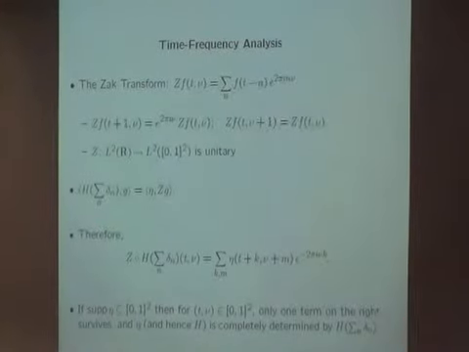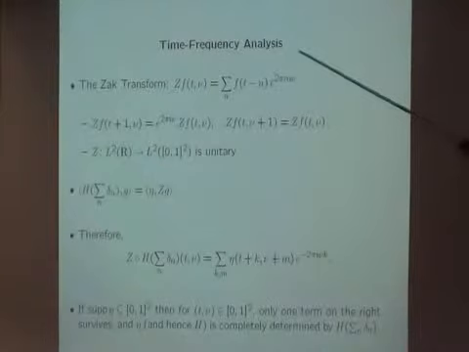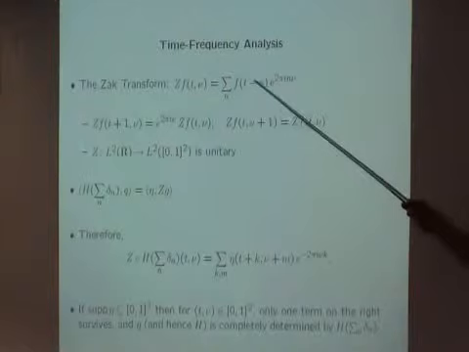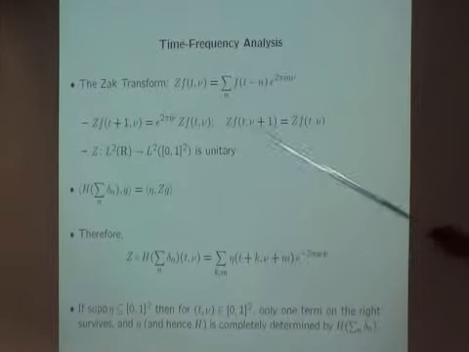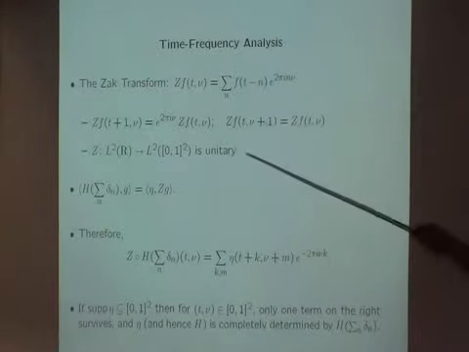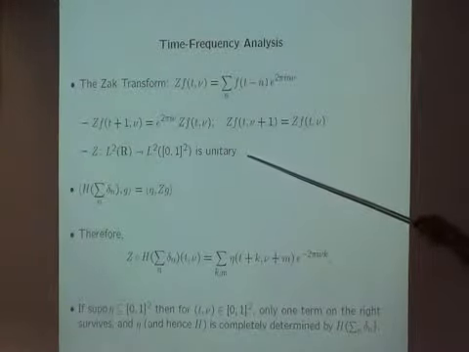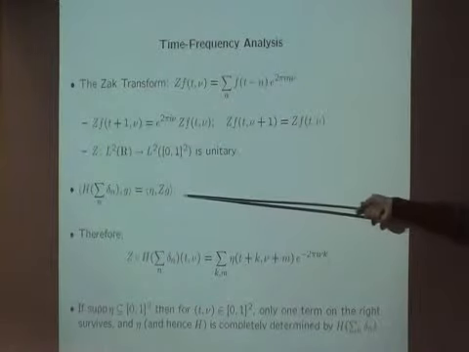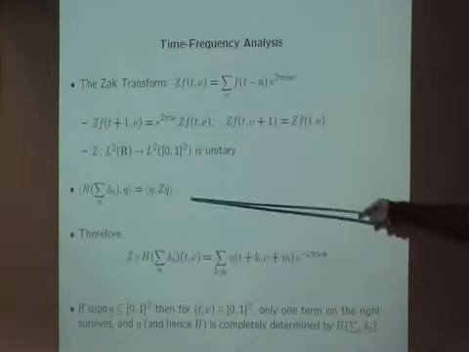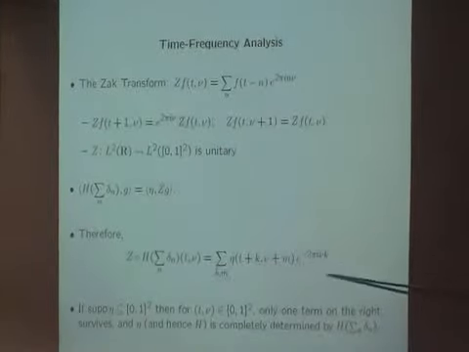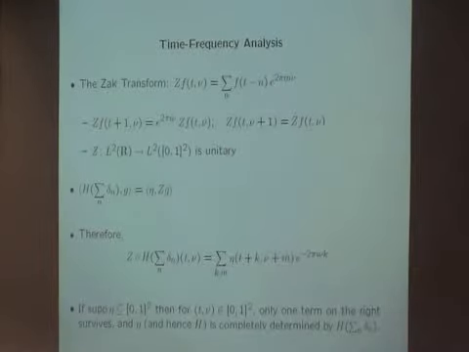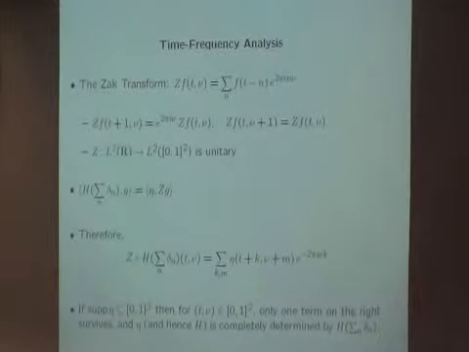Another way to look at this, I'll mention quickly, uses a tool from time-frequency analysis, the Zak transform, which takes a function on R and produces a function on the unit square. It's essentially periodic, and it's also unitary on L2. When we think about our operator sampling, this relationship is very easy to show, and using this, we can obtain an identity like this. The Zak transform of my data is essentially a periodization of the spreading function.